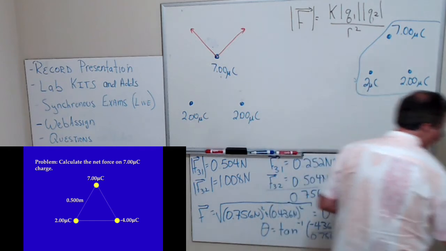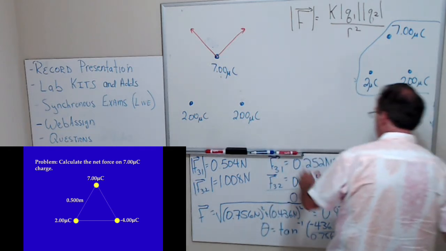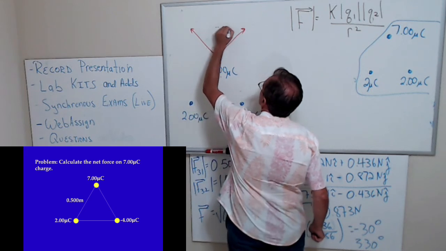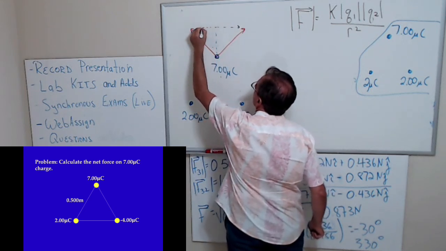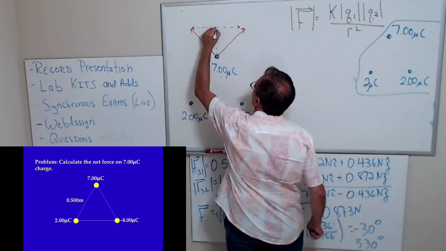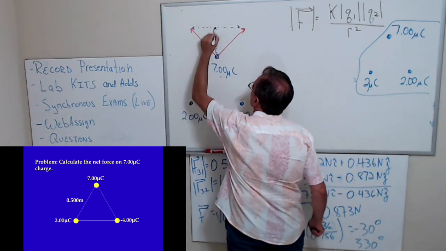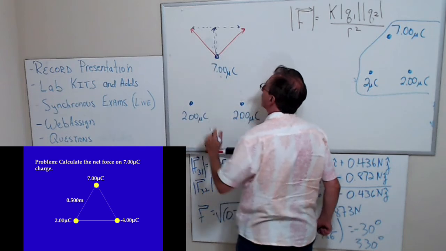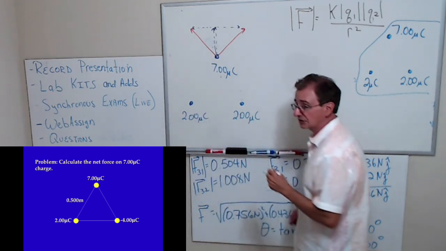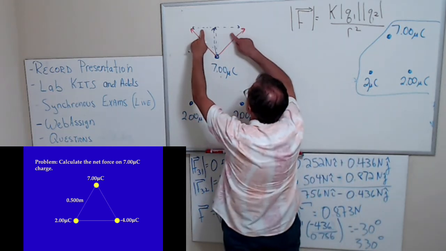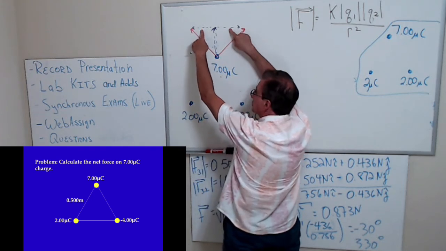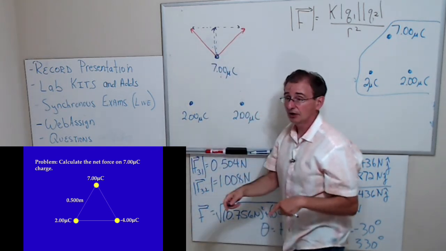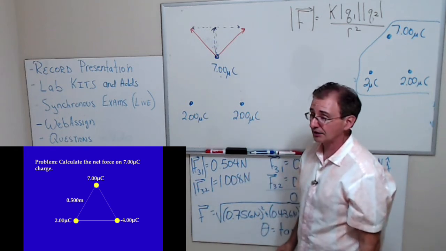If I resolve this into X and Y components, you will see that these two are in opposite directions. Because the angles are the same and the lengths are the same, those X components are going to cancel.